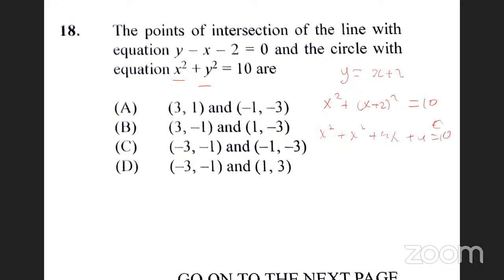Right, move the 10 over, you'll get 2x squared plus 4x minus 6 is 0. You can divide everything by 2 to make it look easier, and then solve for x. So I got x to be 1 and minus 3.